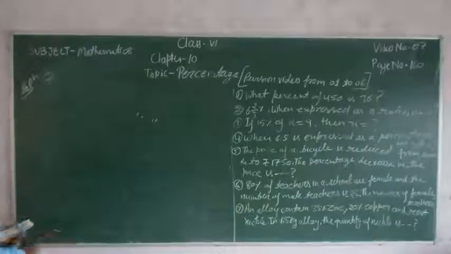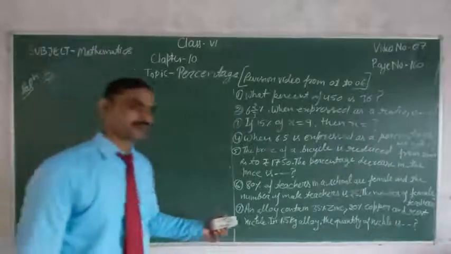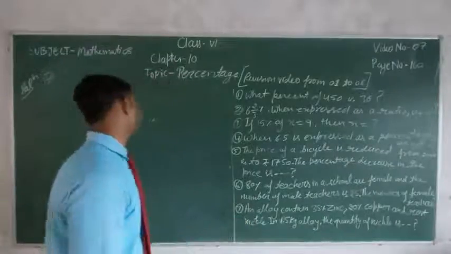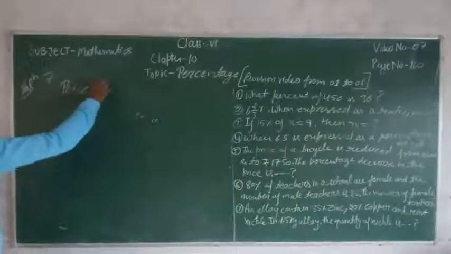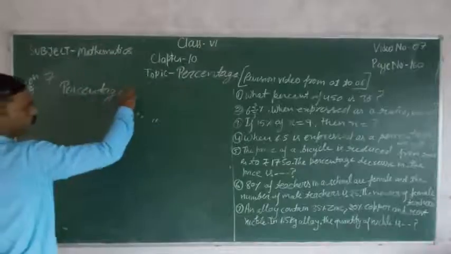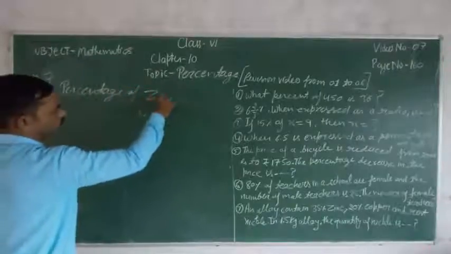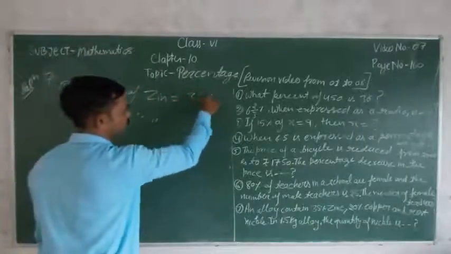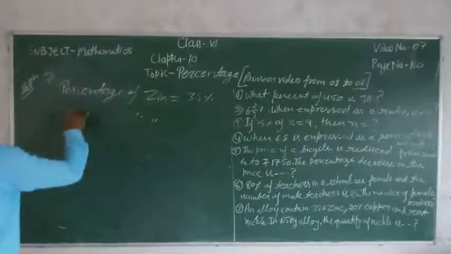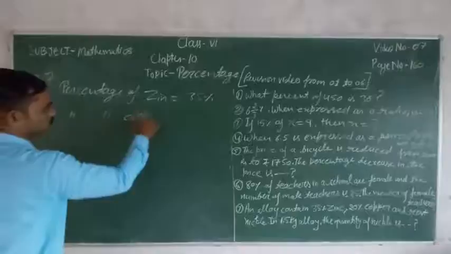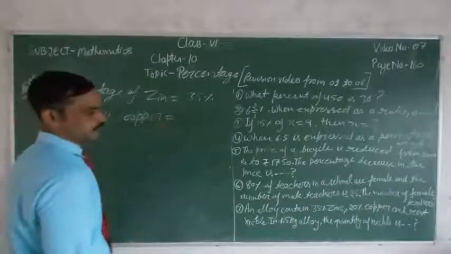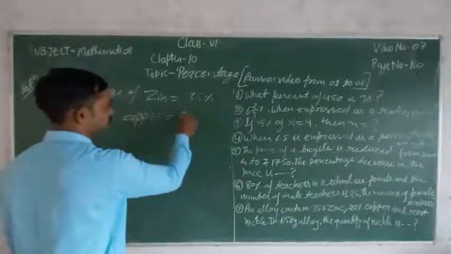This is the seventh sum. So we can write here the percentage of zinc, that is 35%. Percentage of copper, that is 20%.